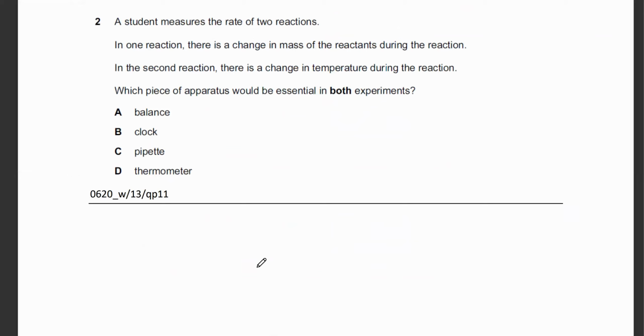The next one is: a student measures the rate of two reactions. Now, rate is basically the speed of reaction. Whenever you have to measure speed, there's one thing that is always needed. What is that? Does anyone know? How do you measure the speed of something?